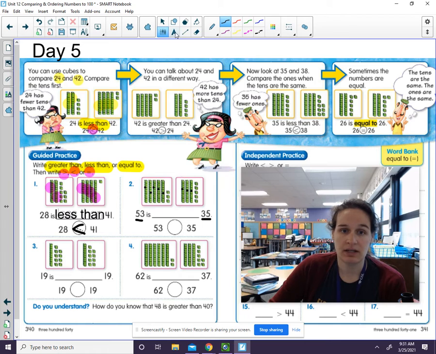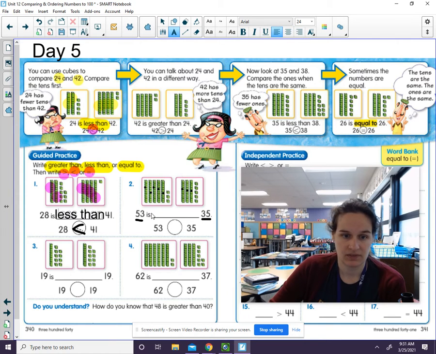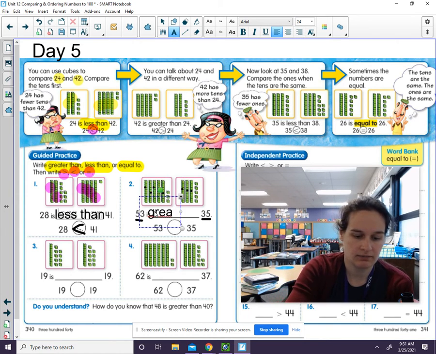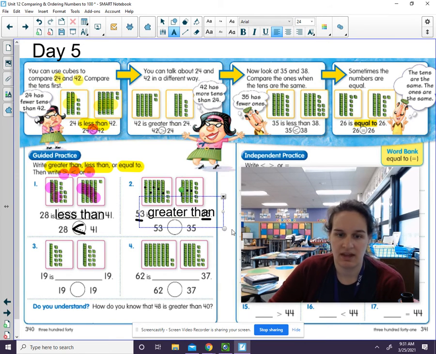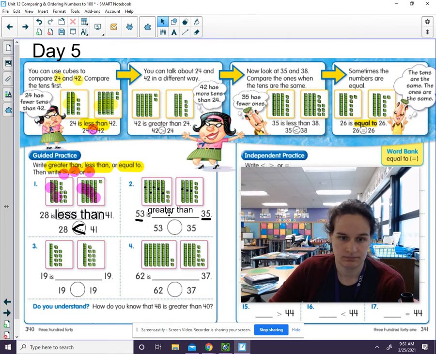So 53 is greater than 35. The greater than symbol looks like this. He's going to eat the bigger number.